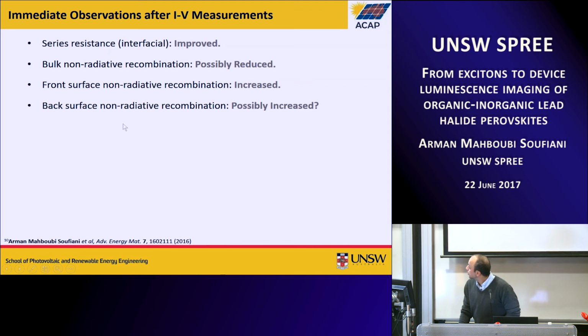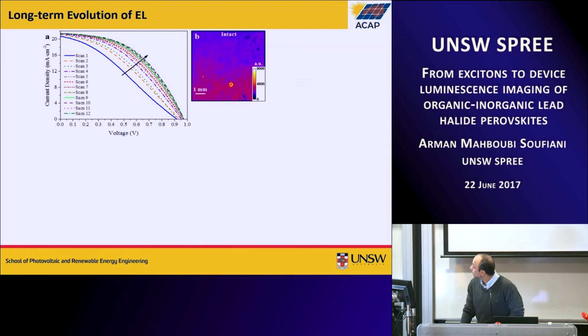And also the front surface non-additive recombination has increased. Again, in the previous slide, we saw that in the PL images of the titanium oxide and perovskite bilayer, and possibly the back surface non-additive recombination has increased, but this needs to be investigated more.